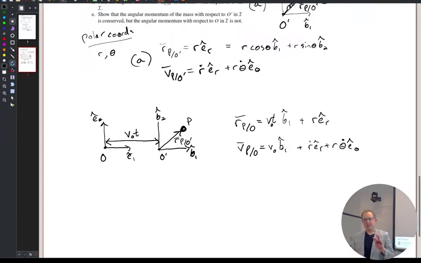I'm mixing and matching unit vectors. Is that okay? They're the same, that's fine. If they're the same, are they the same? ER, B1, E theta.